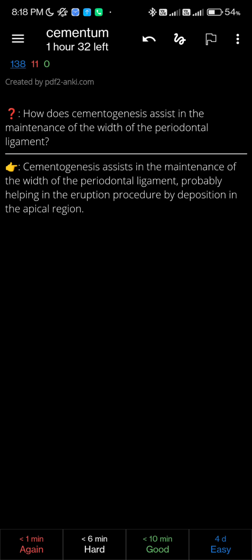How does cementogenesis assist in the maintenance of width of the periodontal ligament?